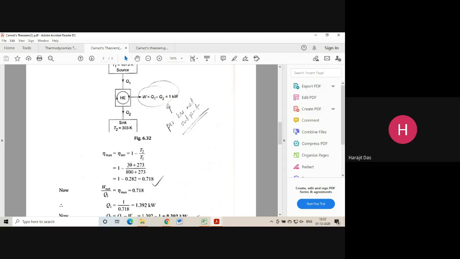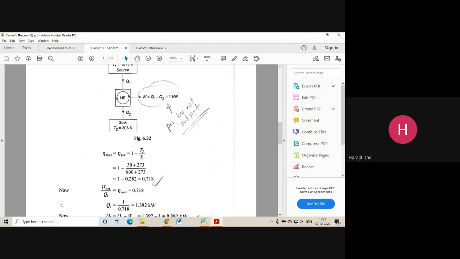If you calculate this value, you will get 1 minus 0.282, so it will be 0.718. Understood? So this is the efficiency. It is not equal to 1, it is less than 1, and in percentage it will be 71.8%. Understood?